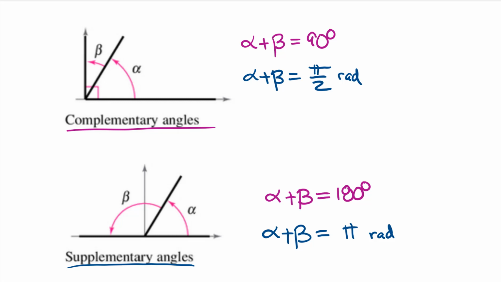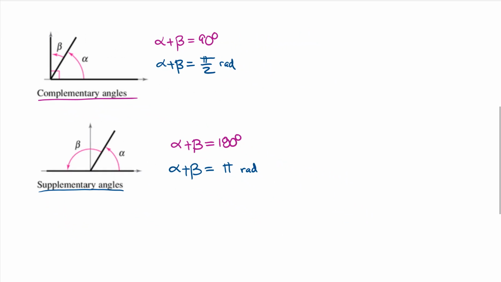So our game is going to be, I give you an angle. Go find me its complement or its supplement. Let's go look at one. So let's say alpha is equal to 60 degrees. Find its complement.